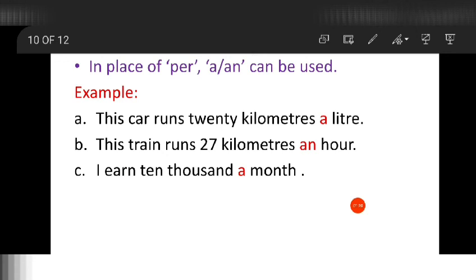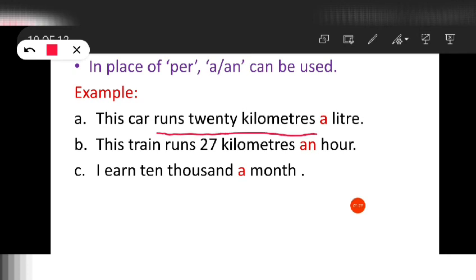Okay, so we have some examples here. Let's see: this car runs 20 kilometers a liter. So in place of per here, which is a unit for measuring the speed, okay, this car runs, that is the speed we are talking about. To measure speed, we can say kilometer per liter.